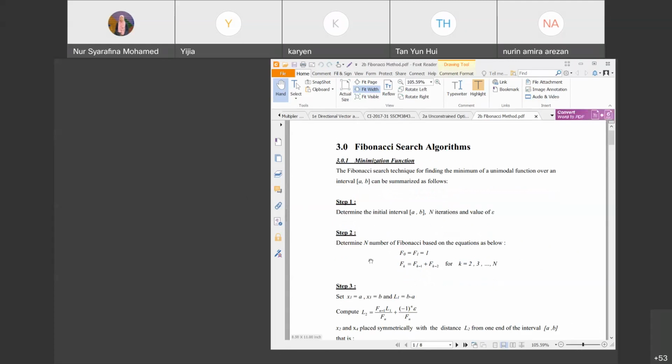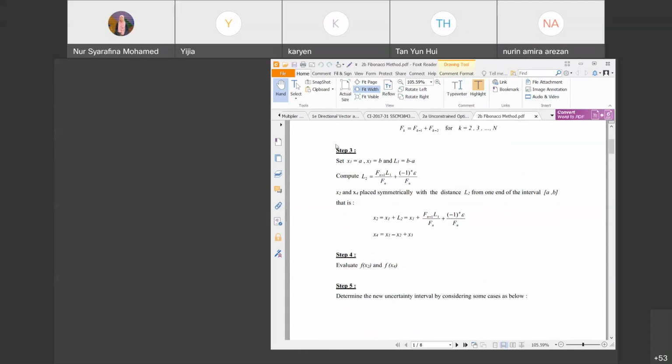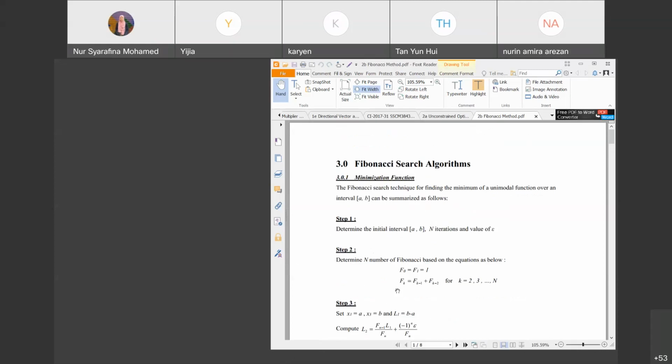Step 1, step 2, step 3, step 4. By the way, have you read this?